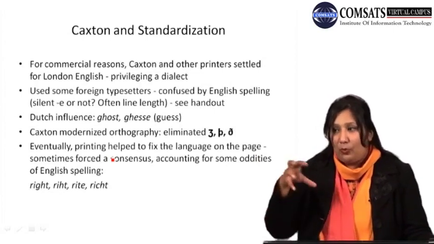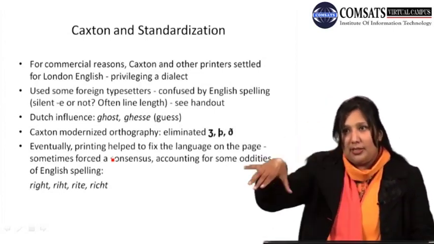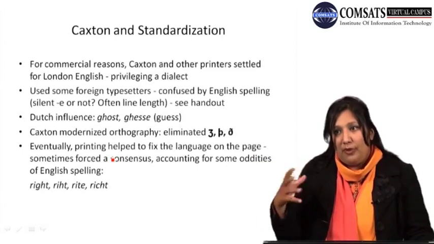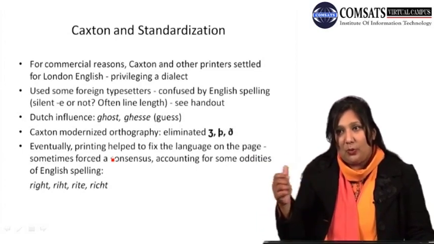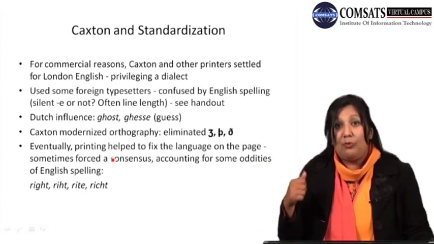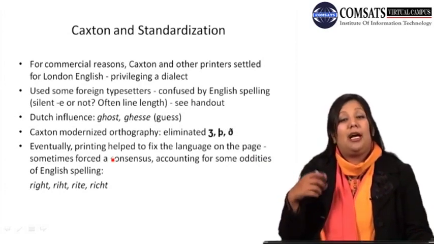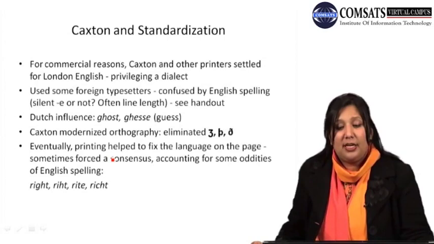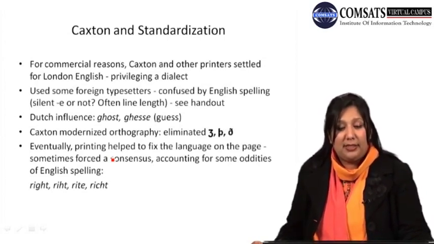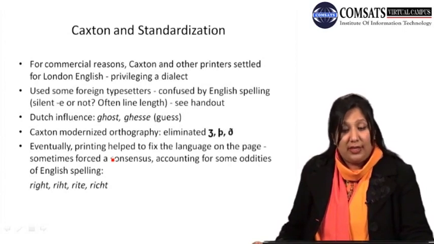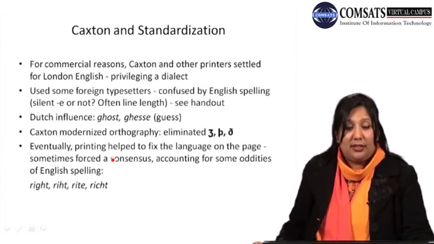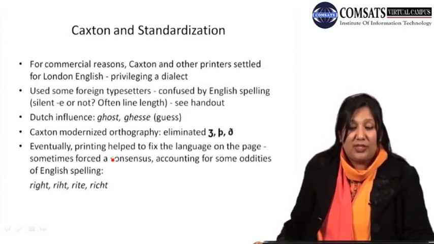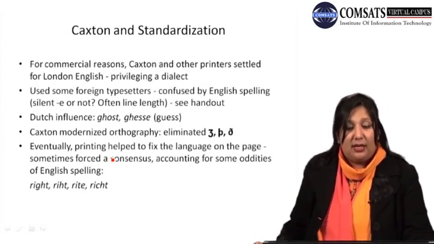So the reason is that one is being privileged, the others are coming down. The one being privileged gets the benefit of being more powerful, of becoming a language. Now, some foreign typesetters were confused by English spellings, silent E or not, often line length; Dutch influences were there: ghost, geese, with different spellings.